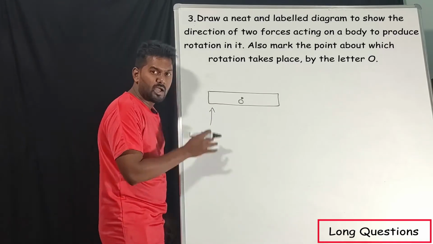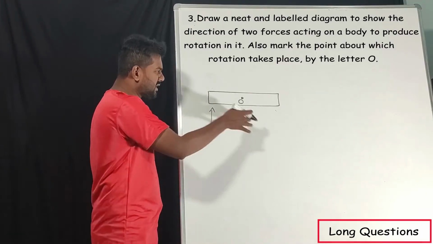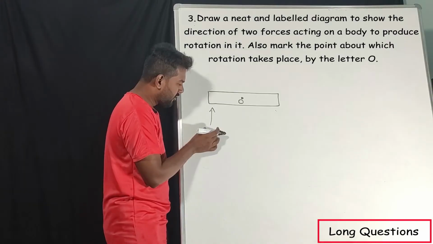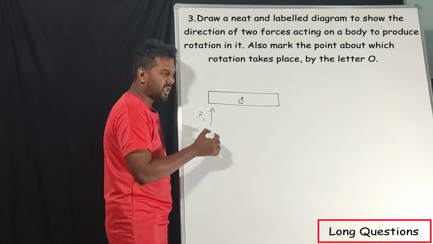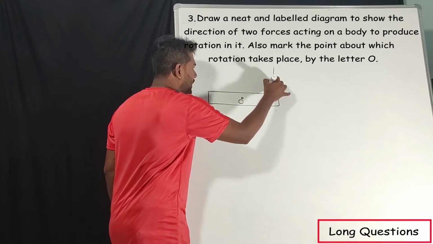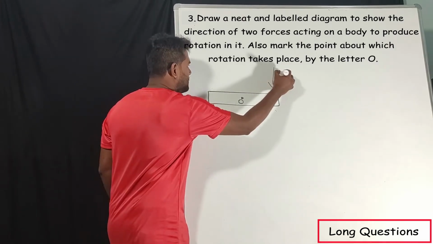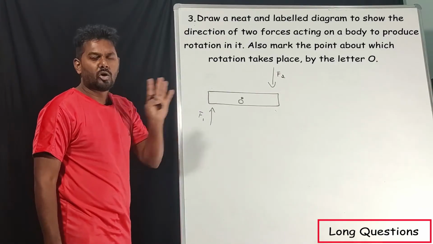So we have to take two forces with the same magnitude. If I apply one more force in the same direction, do you think this is going to rotate? No. So if F1 is in this upward direction, F2 should be in downward direction, so that we can get a rotation. This is F2. Now we can have a rotation.